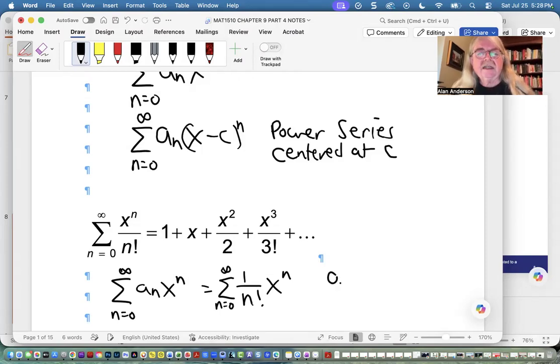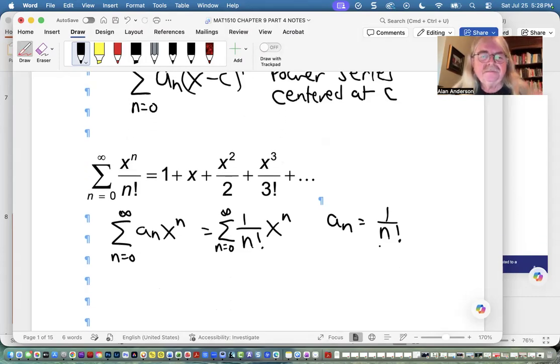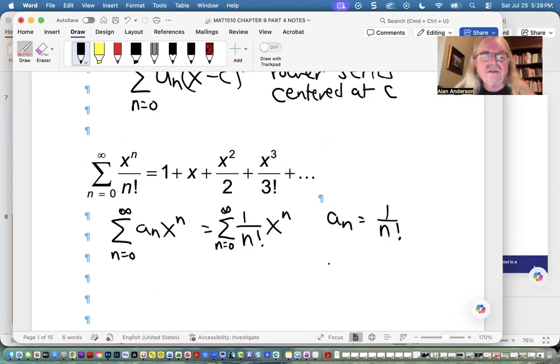And of course, all that means is that a subscript n is equal to 1 over n factorial. So in other words, this qualifies as a power series. But if you notice, I don't have a c here, so that means that this one is centered at 0. And one of the implications of this is that it's guaranteed to converge to a specific sum as long as x is equal to 0.